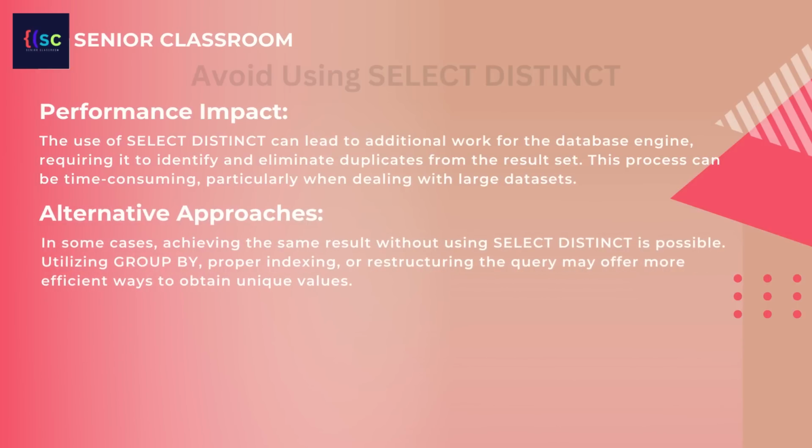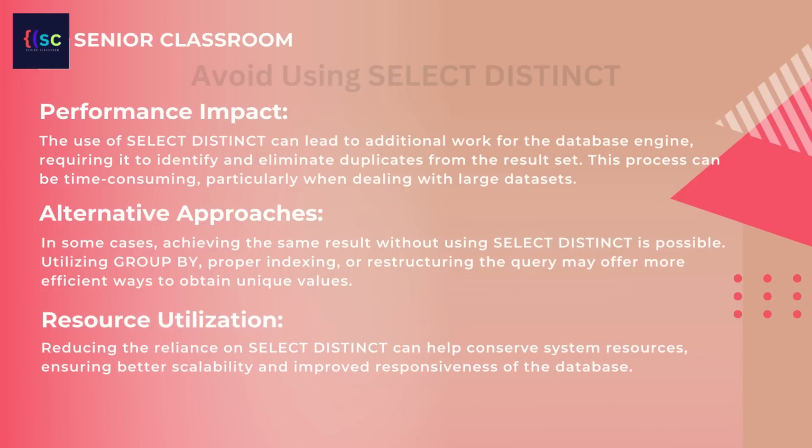In some cases, achieving the same result without using select distinct is possible. Utilizing group by, proper indexing, or restructuring the query may offer more efficient ways to obtain unique values. Resource utilization. Reducing the reliance on select distinct can help conserve system resources, ensuring better scalability and improved responsiveness of the database.